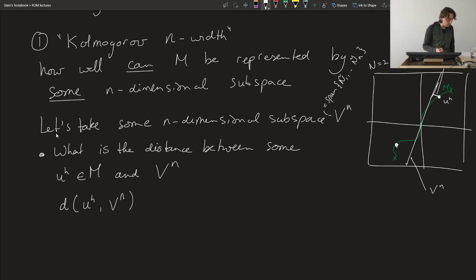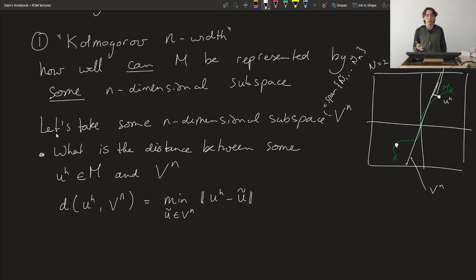So how do I actually compute that? Well, this distance is going to be the minimal length of u_H minus u tilde for any u tilde in my subspace. So I could go over every possible solution in my subspace, I could determine the length with respect to that point, and the minimal length is going to be equal to that distance. And again, I'm able to do this irrespective of whether I'm drawing arrows in a graph or functions in function spaces, because this is a generalized notation.